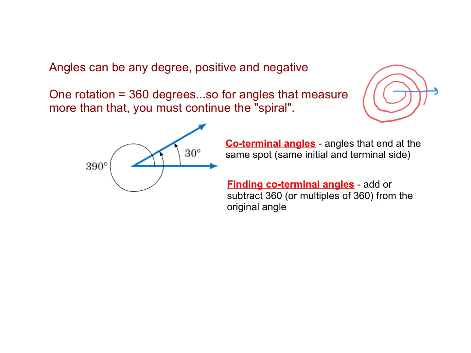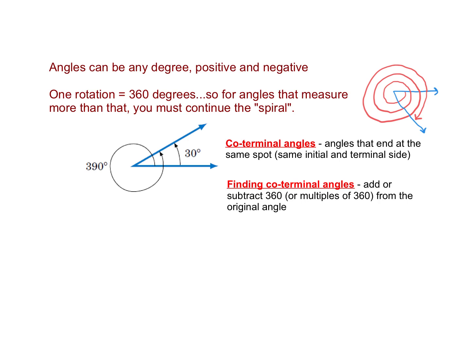Then let's say it keeps on going for a little bit here, and then we end up terminating at a certain spot. That might be what our angle terminal side is, but to show that we are doing several rotations, we have to draw this spiral in our motion for showing that rotation.